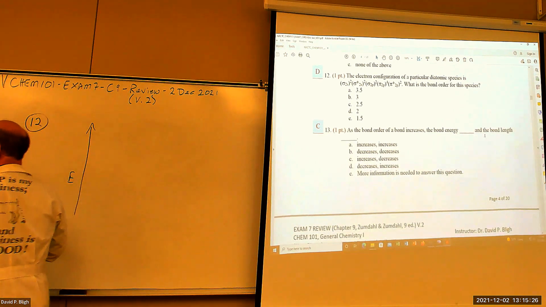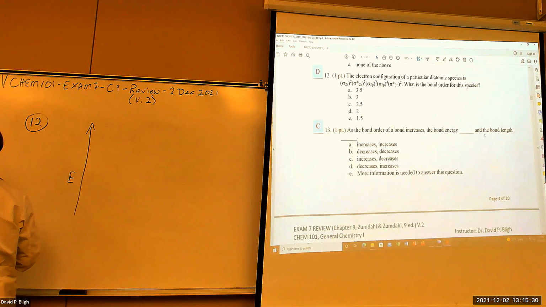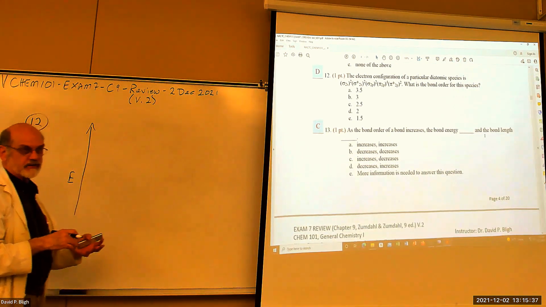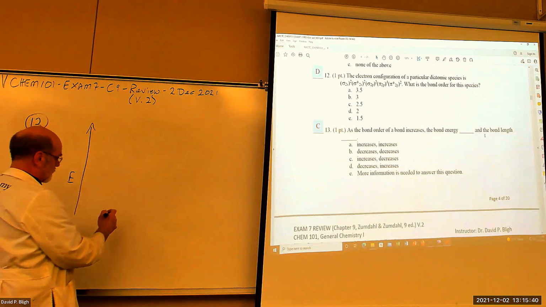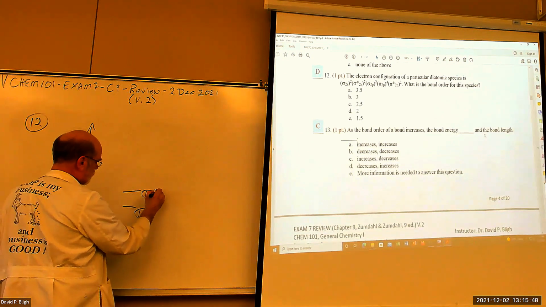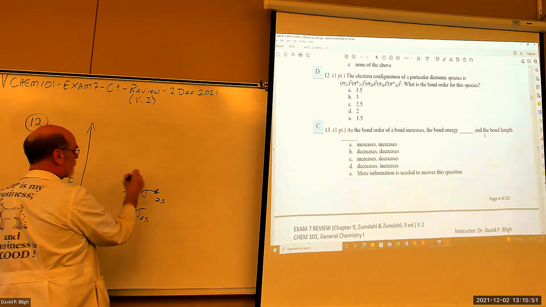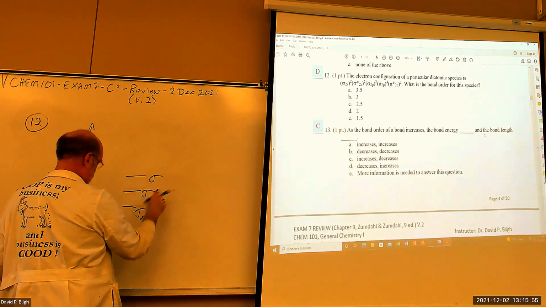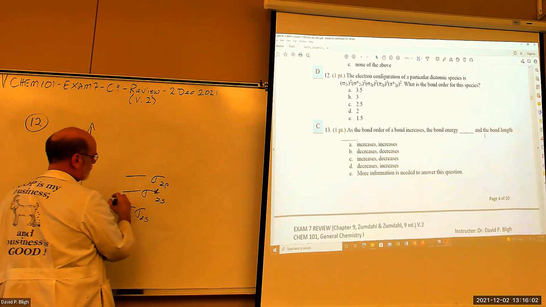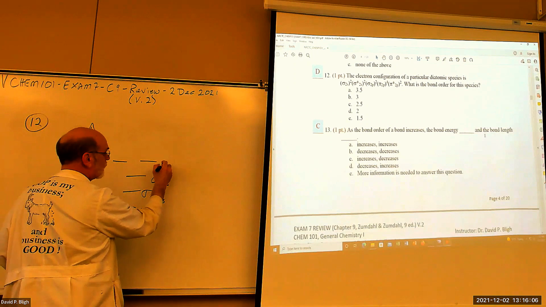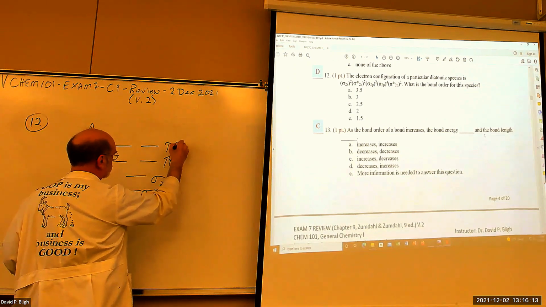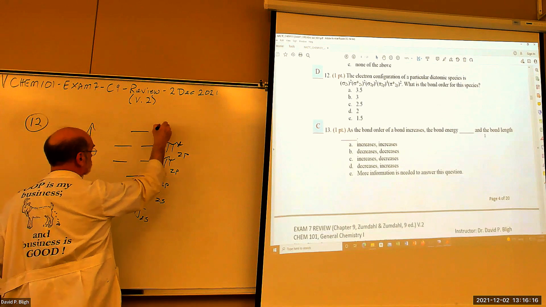If we were in the second period here, doing a diatomic, we would write just the 2s and 2p derivations for molecular orbitals, and they would stack up like this: a sigma from a 2s, then a sigma star from a 2s, then a sigma from a 2p, and then a pi from a 2p, and then a pi star from a 2p, and then a sigma star.